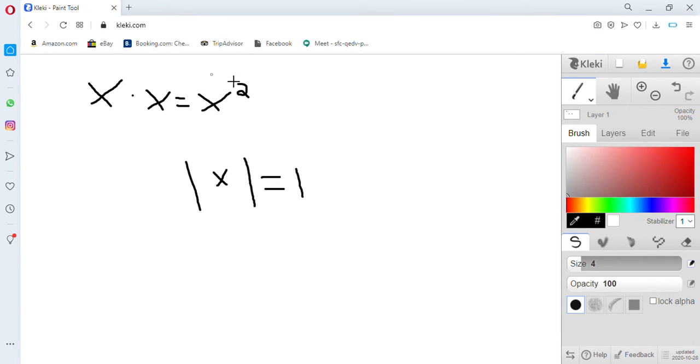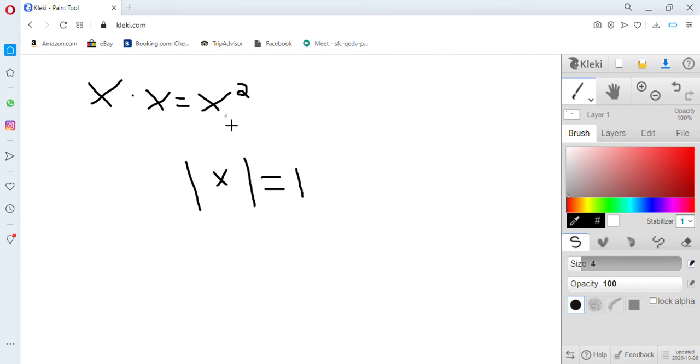But look at the exponent. If you don't know what an exponent is, it's mostly a number at the top right of a mathematical symbol, maybe a number or a letter, and it represents how many times that element will be multiplied.